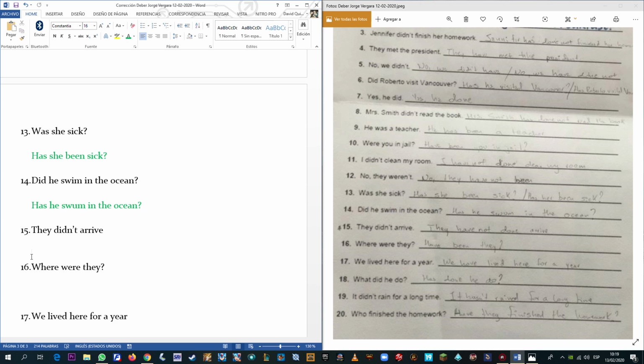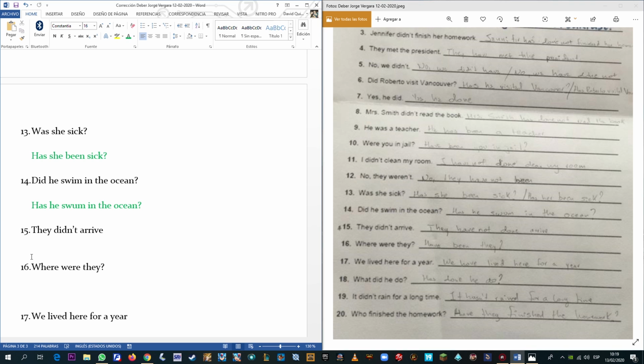Maybe the confusion is because done is the past participle of did. But let's remember, they didn't arrive is a sentence in a negative form in the simple past tense. And didn't works like an auxiliary verb, and it is not the main verb or the action itself. So if we change it to present perfect, we should consider arrive as the main verb and not didn't.